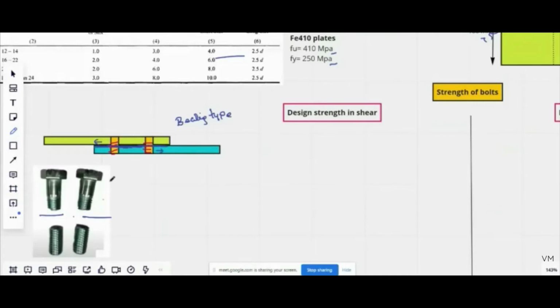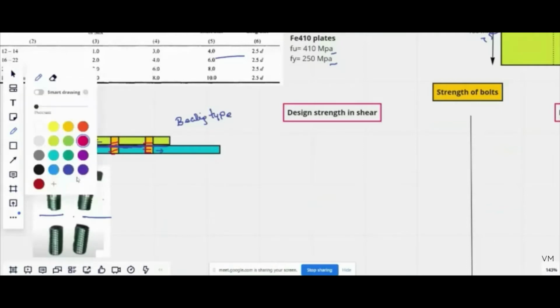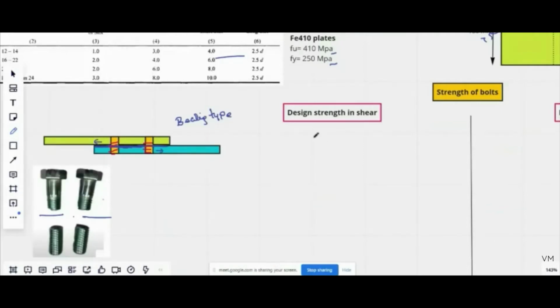So from IS 800:2007, the formula for shear is given as V_dsb equal to f_ub by root 3 gamma_mb into (n_n A_nb plus n_s A_sb).